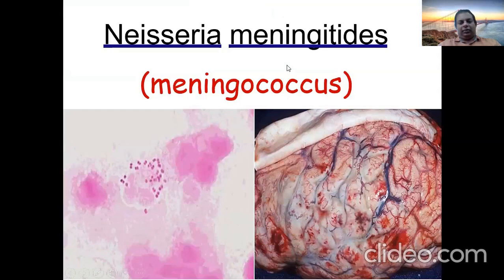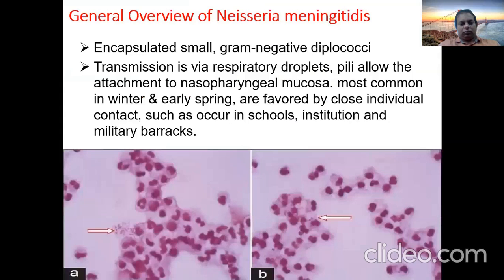Neisseria meningitidis, meningococcus. General overview of Neisseria meningitidis: it infects the meninges, which are the outer coverings or layers of the human brain.